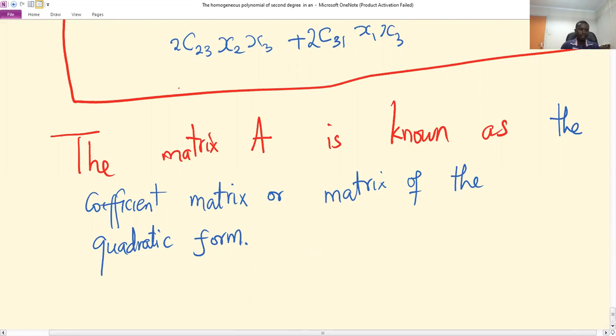So that is the analysis on how to transform a quadratic form into matrix form. In the next session, we do an example on how to do that transformation. Thank you.